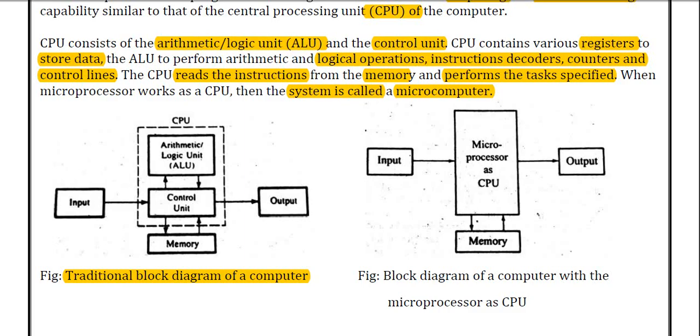We have the same input and output here, which is connected with the memory with bidirectional lines. So this is the block diagram of computer with the microprocessor as CPU. By this diagram you can easily discuss the difference between them.